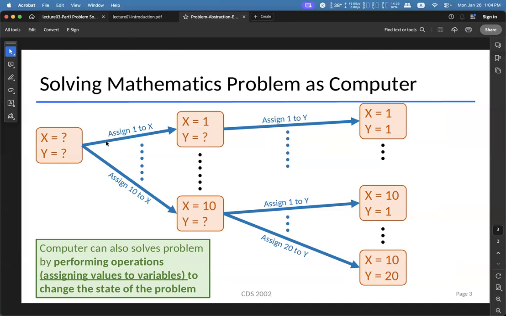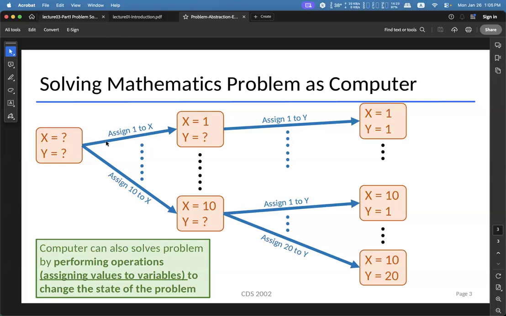So here you can see the state of the environment is merely the value of x and the value of y. Because we are configuring the computer to just enumerate all the possible values of x and y and then try them out one by one, the value of x and the value of y are the only things that are changing in this configuration.